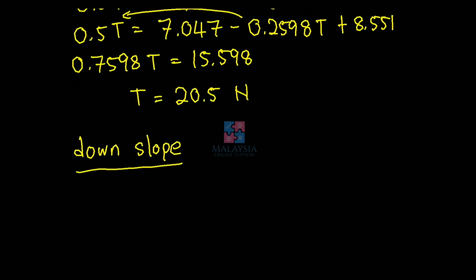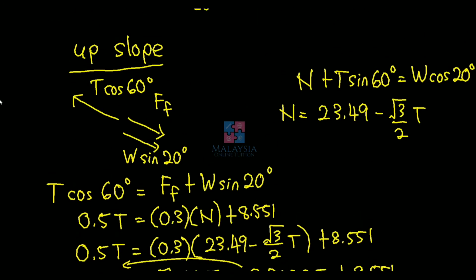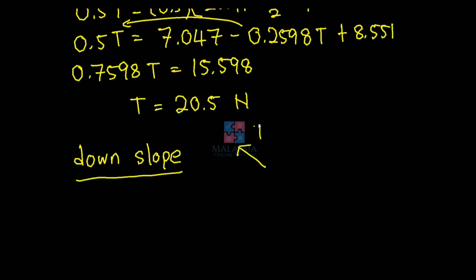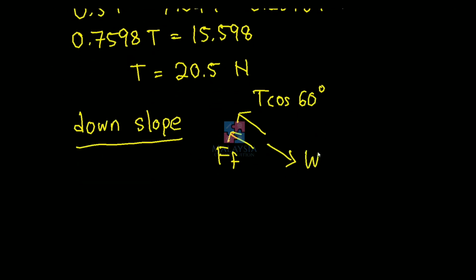So let's draw that. So we will have up the slope t cos 60 degrees, and then frictional force, and then going down we will have w sine 20 degrees. So all the values have been calculated, we just need to change the sign of the frictional force, that's all.